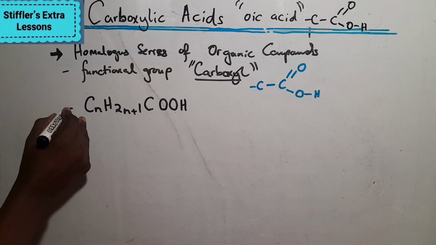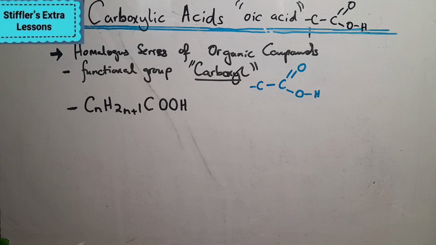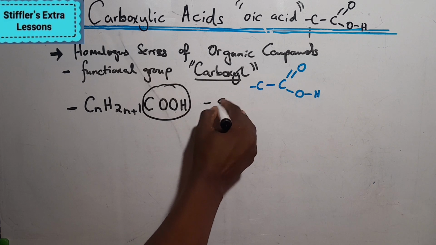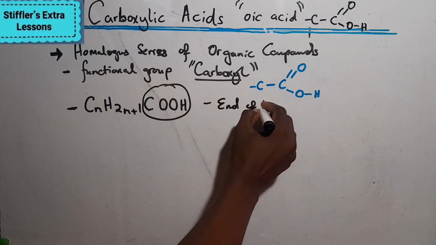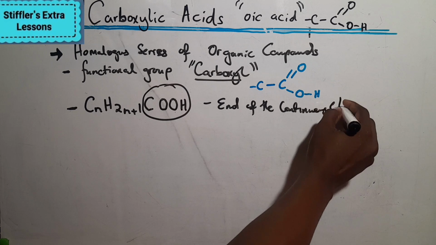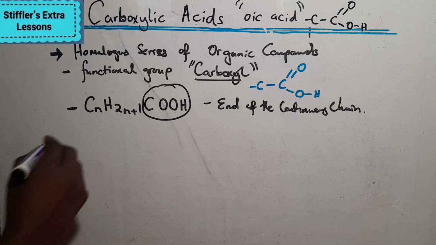It's also the same way as naming the aldehydes, right? Because this functional group is always at the end of the continuous chain. So to name them, it becomes easier.